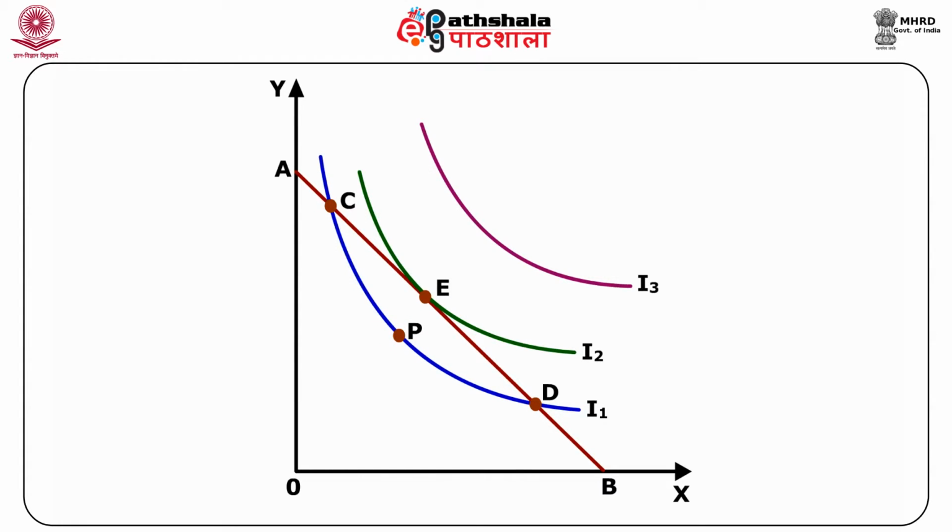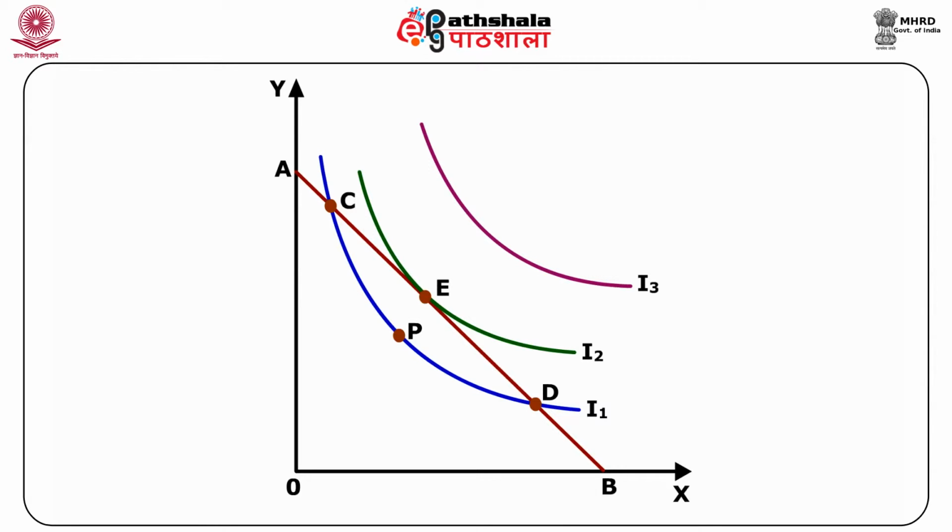However, combinations on the indifference curve I3 are not affordable for the consumer as I3 lies beyond the budget line. As we have already discussed, the consumer equilibrium must lie on the budget line. The consumer will choose that combination which lies on the highest possible indifference curve.